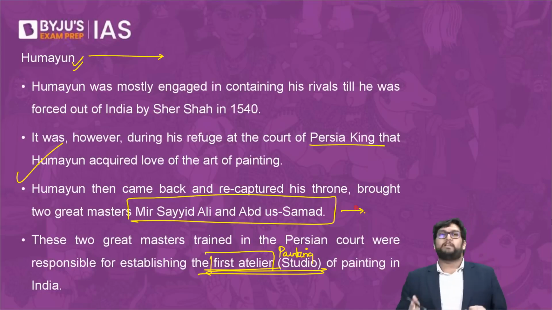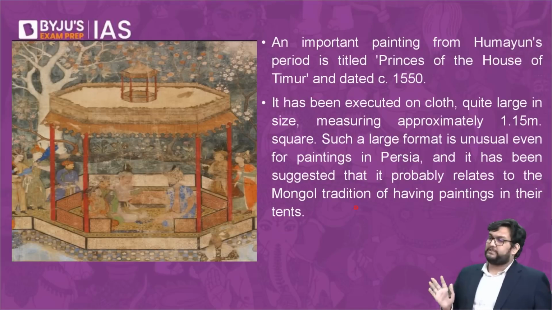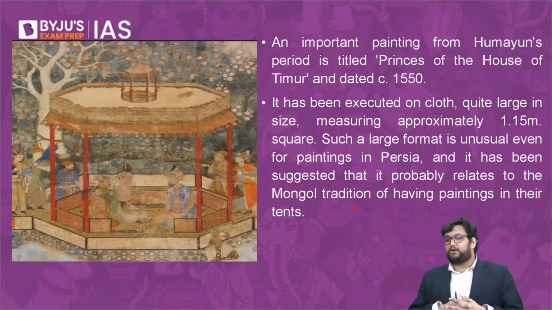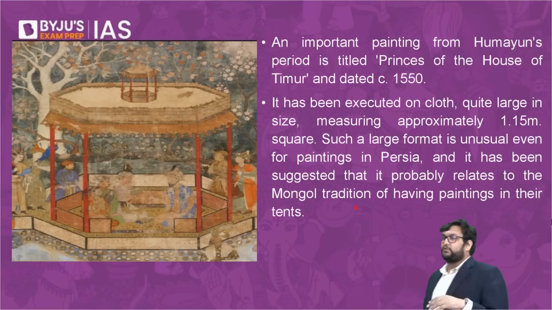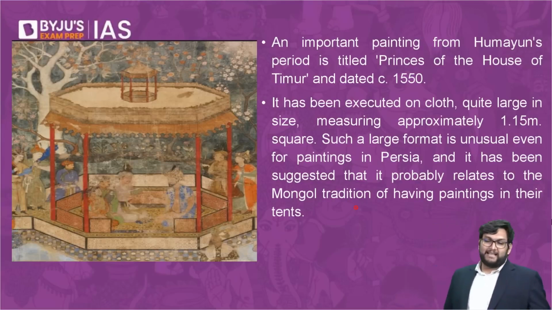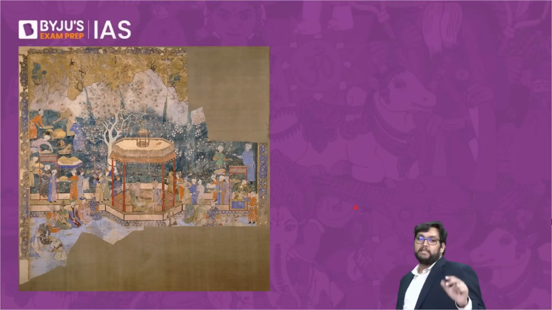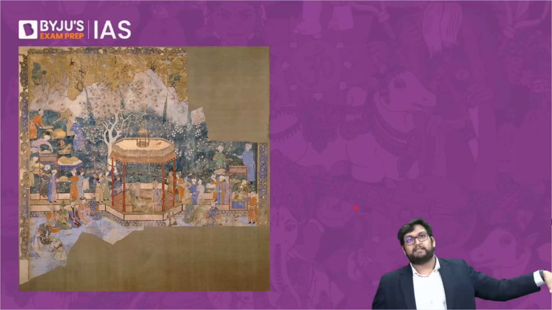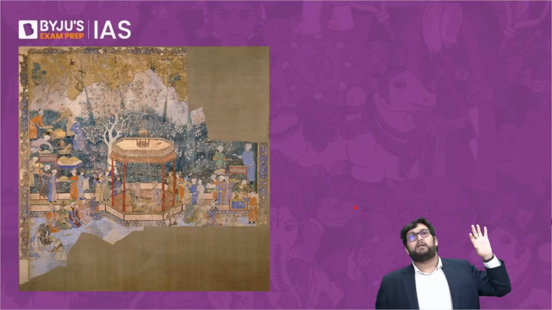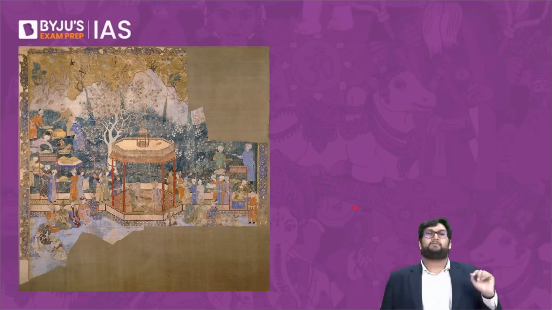But Humayun only commissioned one major painting, which is called The Princes of the House of Timur, in 1550. And this was not done on a canvas or in a miniature style. Unlike that, it was a very big painting done on a tent side. Basically, wherever he used to go to war, on one side of his tent, he used to have this painting.